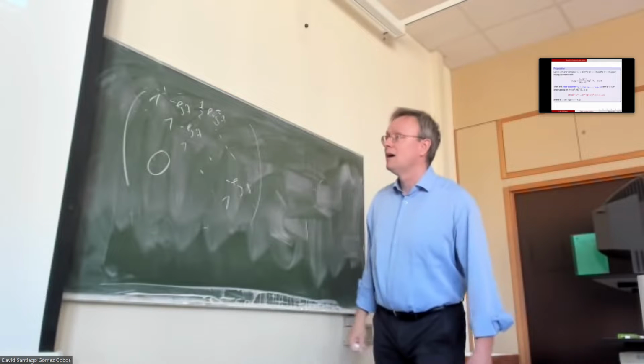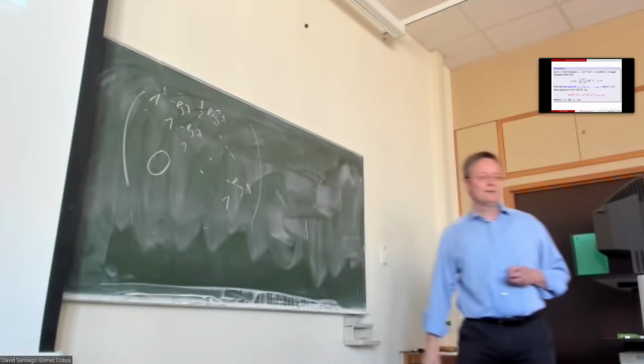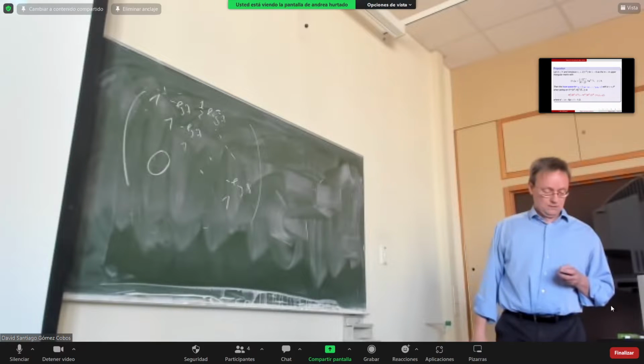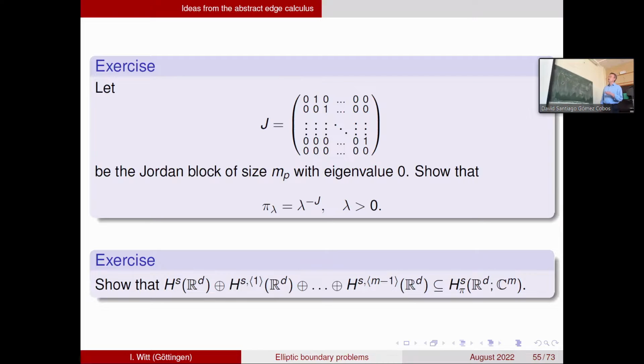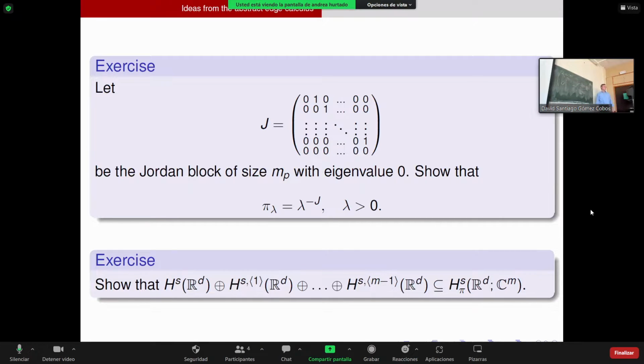I'll tell you on the next slide: we take the Jordan block of size mp belonging to the eigenvalue 0. The eigenvalue is along the main diagonal, and we have ones on the super diagonal and zeros everywhere else. If the eigenvalue is 0, then that is a nilpotent matrix, so we have J to the power mp equal to 0.